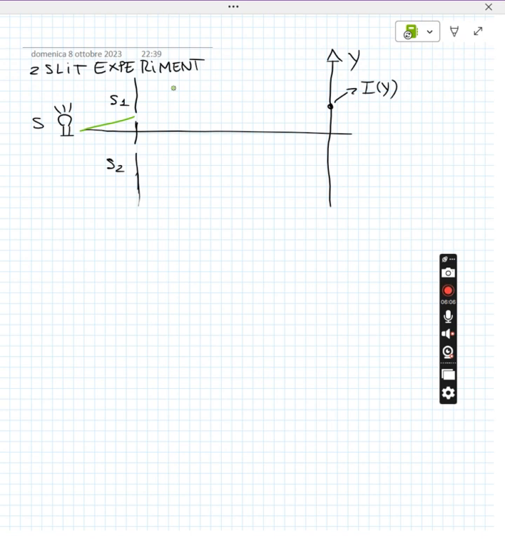The ray starts from the source, passes through the slits, and reaches the point, and equally for this other ray.